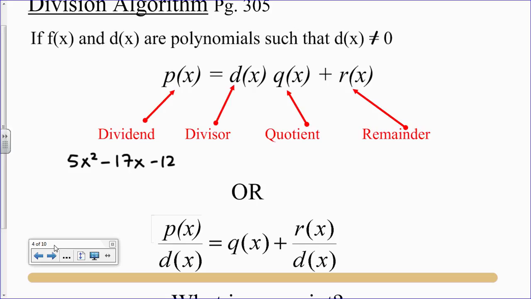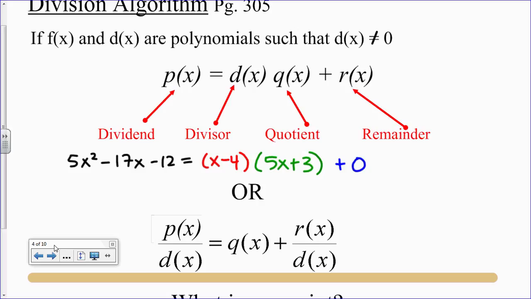It says this equals my divisor, so that was x minus 4, times my quotient, so my answer, which was 5x plus 3, and then plus your remainder, which in this case was just 0.